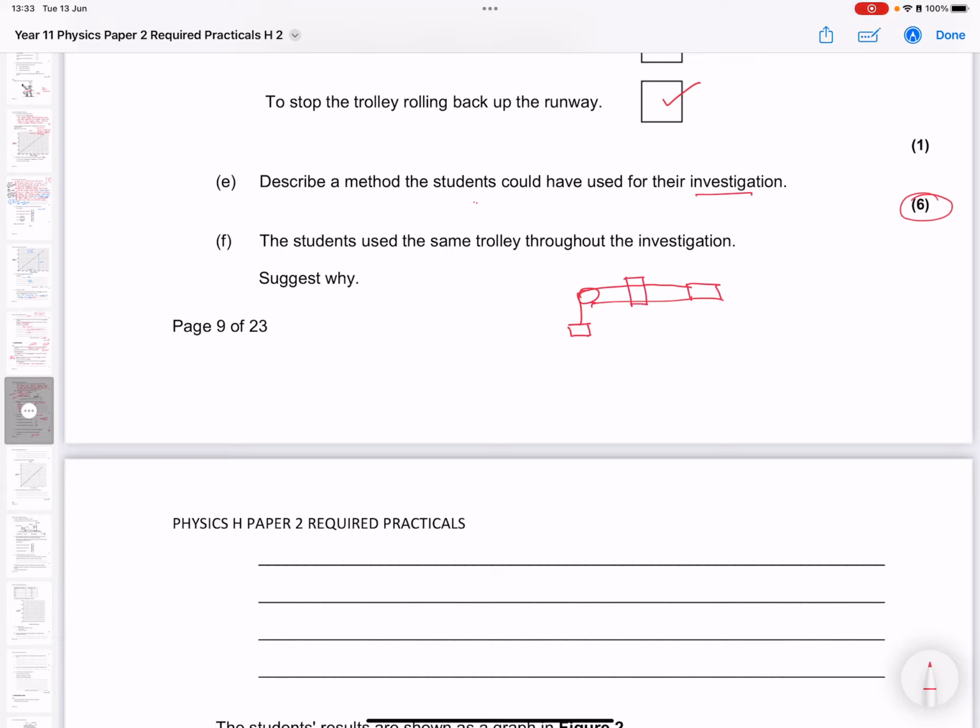So what you can do, arrange a trolley attached to a string on a horizontal track.